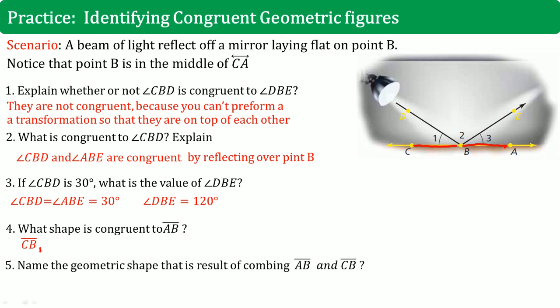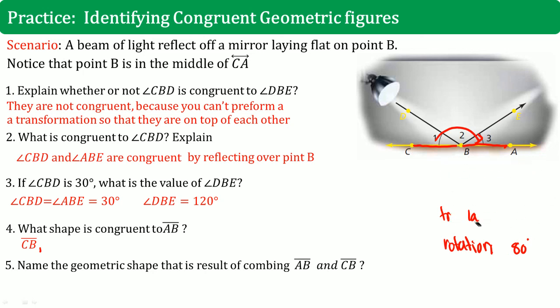You can either say by reflection on point B, or you can actually say translation. Or you can actually say rotation, right? All of them work here. You can, because you can rotate it 180 degrees as well. So all 3 transformations work to prove that they're congruent.